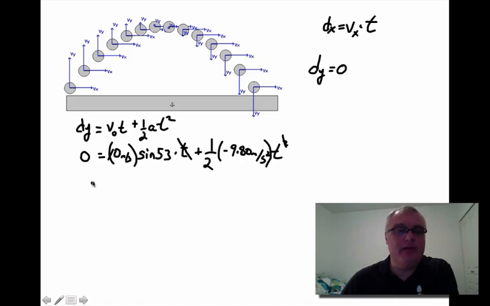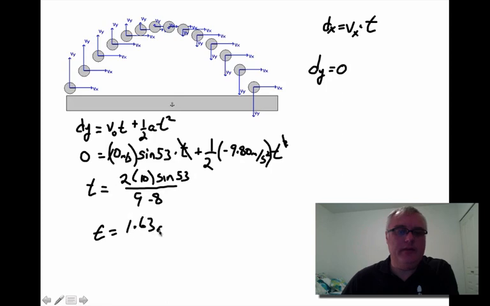So what I end up with is that the time is going to be equal to 2 times 10 times sine of 53 divided by 9.8. And we end up with a time of 1.63 seconds.